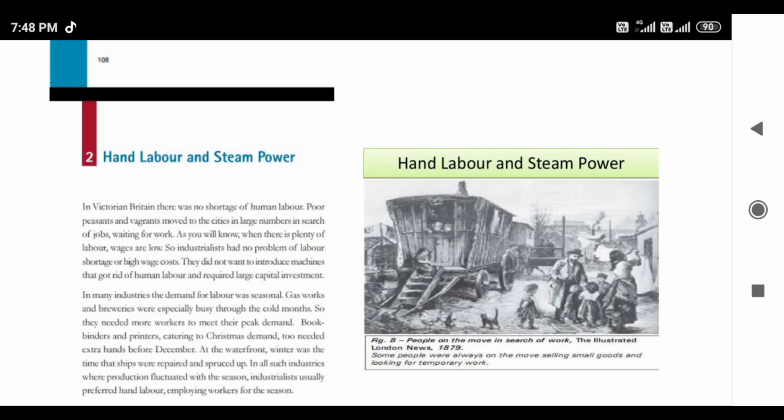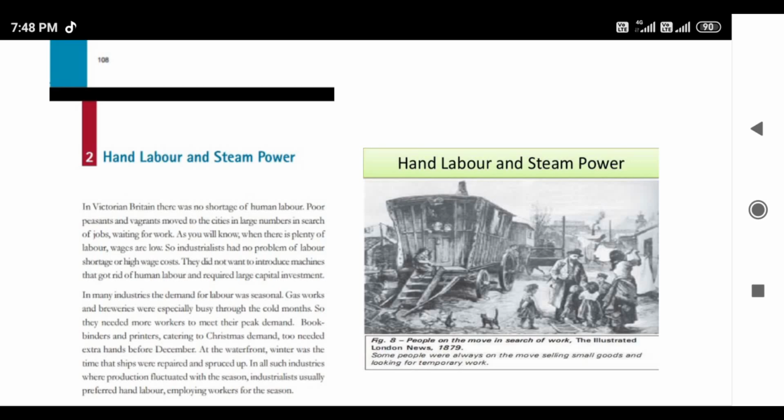Reason number first, machines were costly, ineffective, difficult to repair, and needed huge capital investment. Right? And the reason number second, labor was available at low wages at that period of time. And the reason number third, in seasonal industries, only seasonal labor was required.